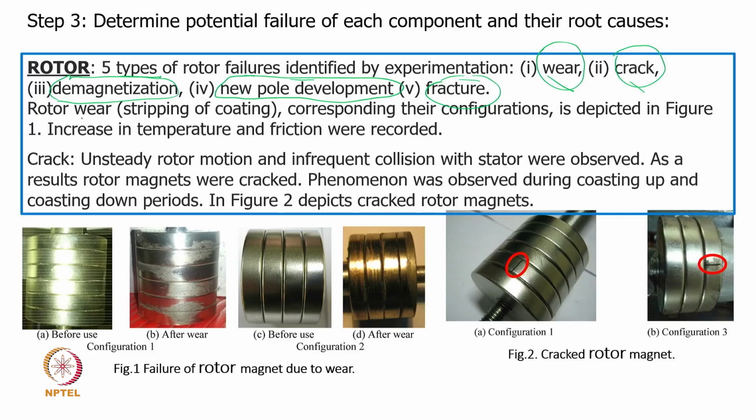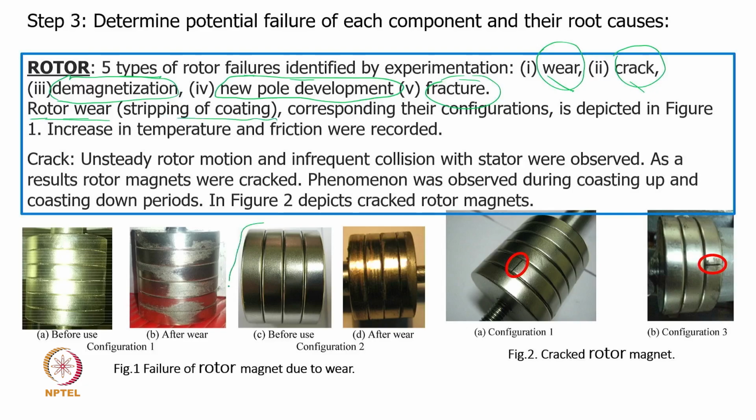Now, when we start thinking about rotor wear, we use a permanent magnet bearing assuming there will not be any wear, but here we find the first thing is rotor wear. Something has gone wrong: either we do not have sufficient knowledge, or there is a manufacturing error, or an assembly error. That is what we are trying to dig out. In the rotor magnets, basically stripping of the coating happens.